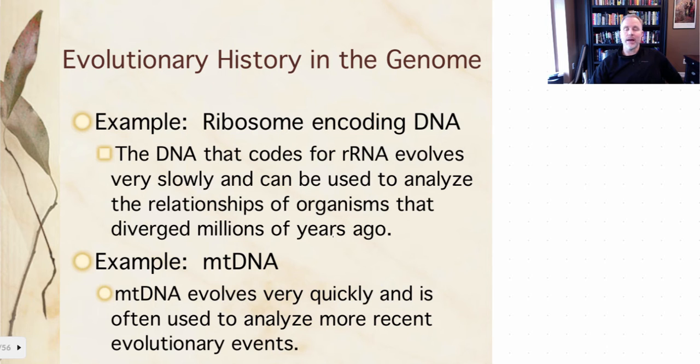So we can look at ribosomal RNA as being something that can take us way back in time, because the organisms that have these diverged many millions of years ago, and the genes within the two different lineages evolve very slowly. So it's a good way to date things that are very old. Whereas mitochondrial DNA evolves very quickly, and this can be used to show more recent evolutionary effects.